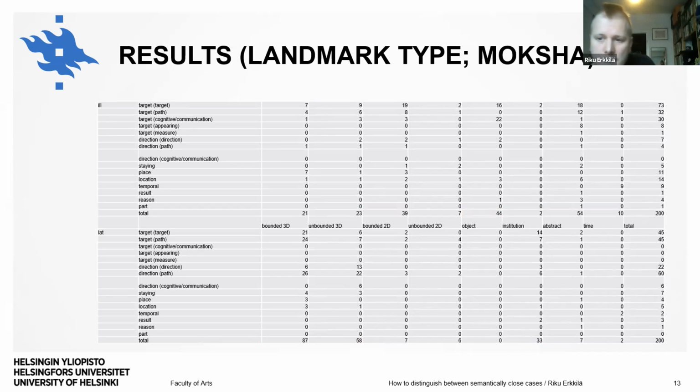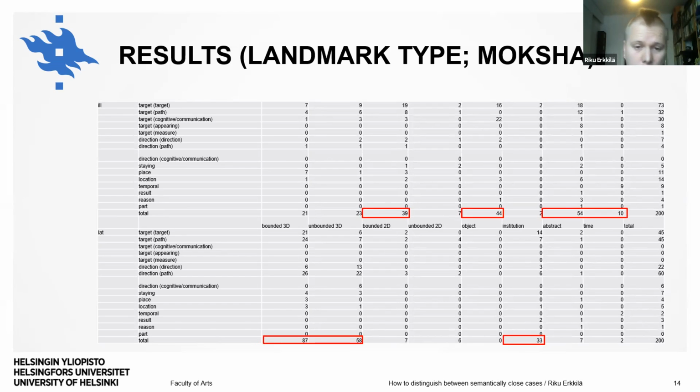And then on the same table of Moksha, as you can see, the amount of different meanings, or the frequencies of different meanings, are more or less the same as in Erzya.